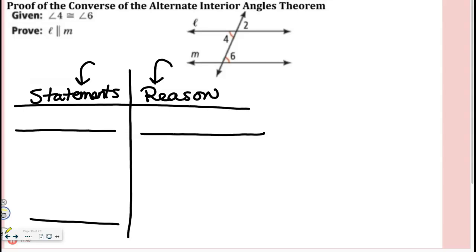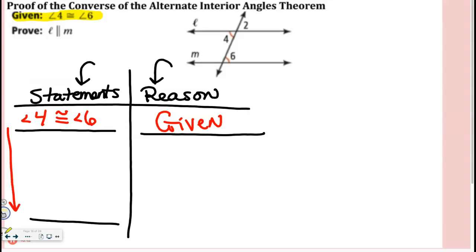Right, Madison? So what is my first statement for this one? Go ahead, Madison. Yes, she is what I called last chapter, puking up the given. It just plops it up. You can't get that wrong. It's stated right there. And the reason for it is always the same thing. What is it, Avery? Given. Okay, that's for free. You should be very comfortable with that. Correct? Down here, what do I have to provide logic to conclude?